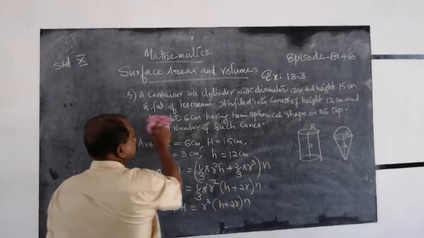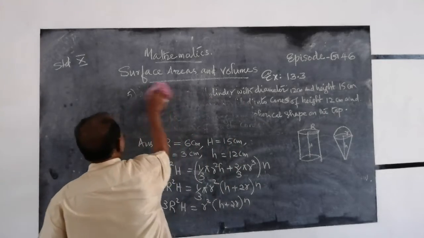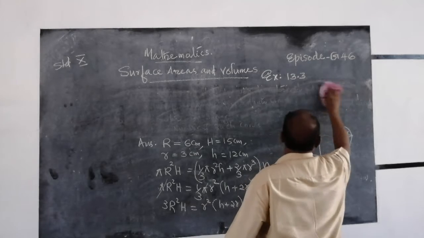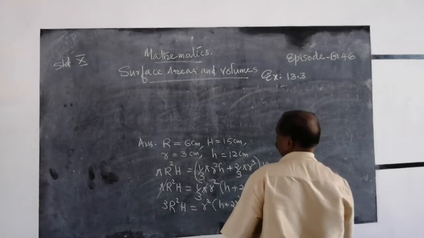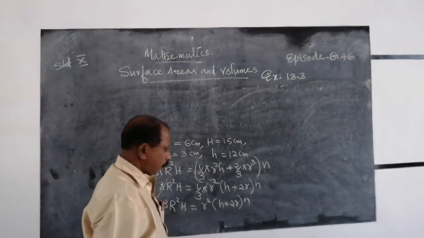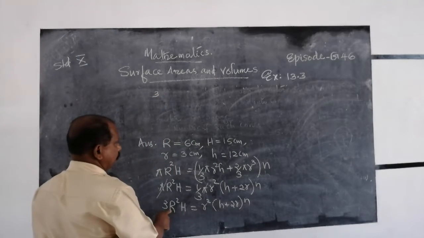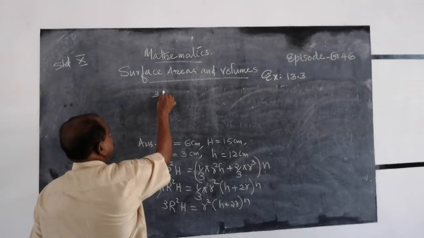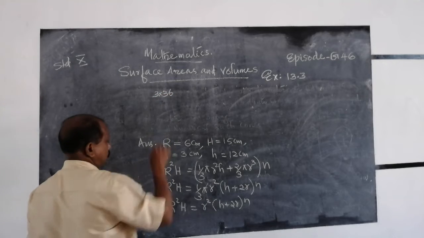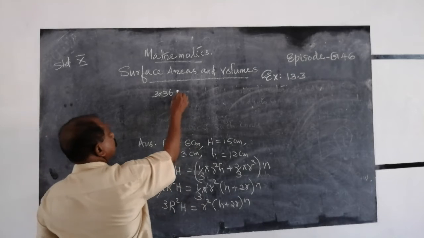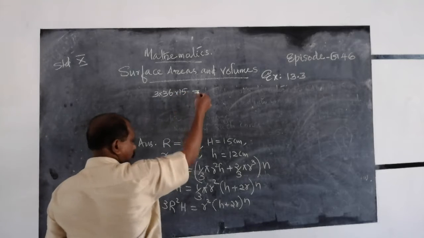Clear? Then we can substitute the values. 3 into what is R? 6, that is 36. H is actually 15, is equal to.